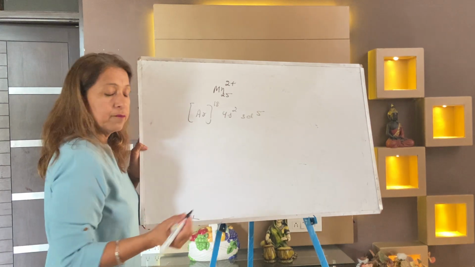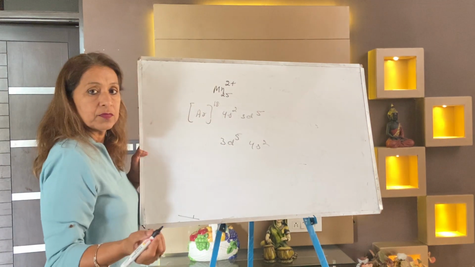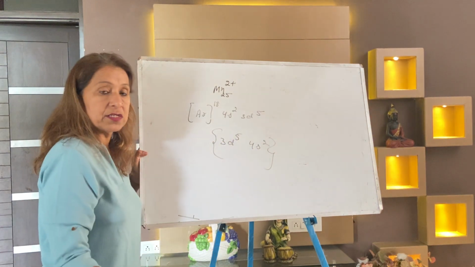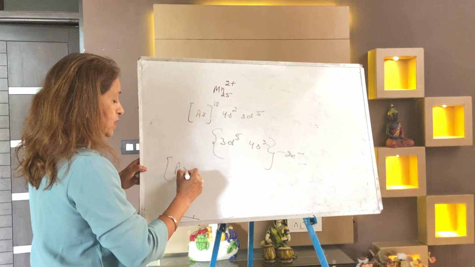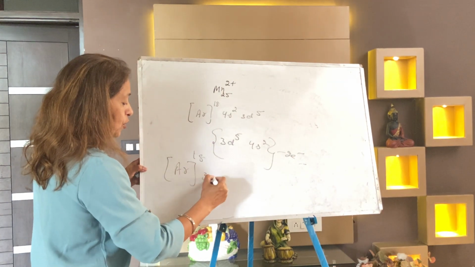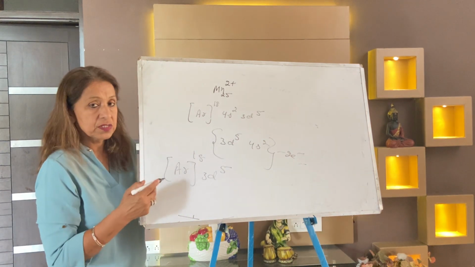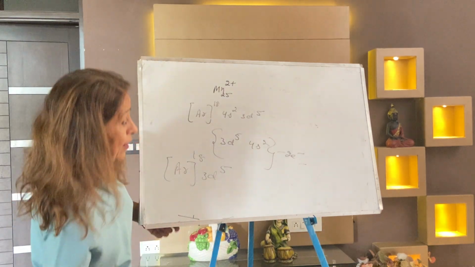Make the order ascending: 3d5, 4s2. Write it in a bracket. Take out the electrons according to the charge, minus 2 electrons. The last answer is argon 18, 3d5. I am taking two more, and after that you will become master of electronic configuration.